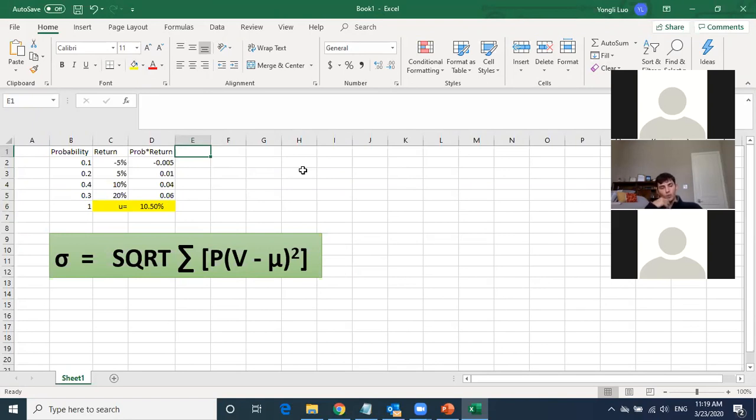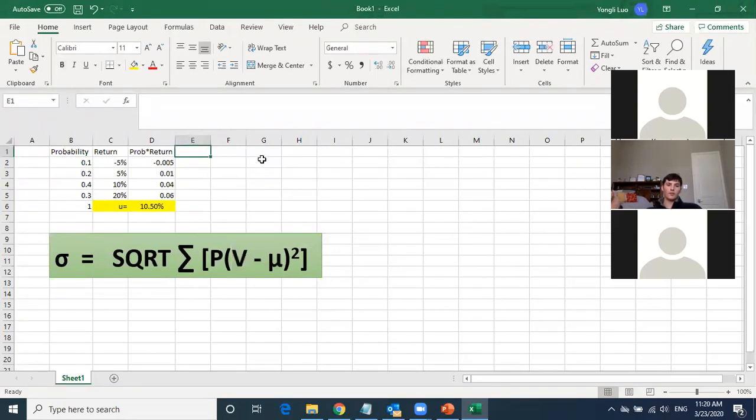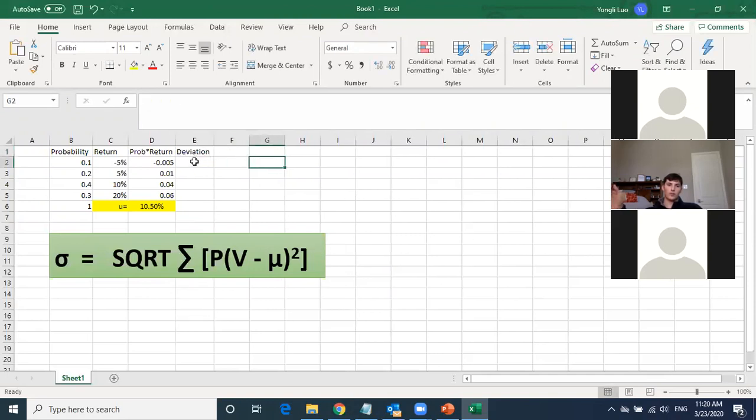Now we do this part: the value minus the mean. What is this one called? It is called deviation.